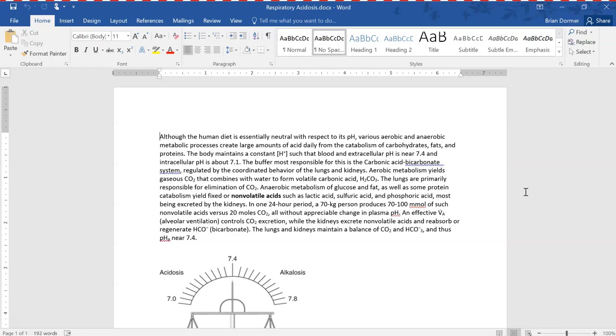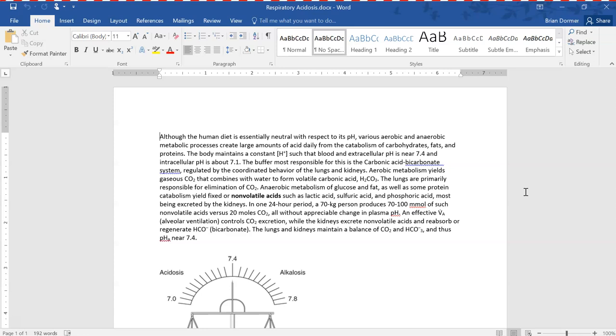In a 24-hour period, a 70-kilogram person produces between 70 and 100 millimoles of such non-volatile acids versus 20 moles of CO2, which is resulting in volatile carbonic acid, all without appreciable change in plasma pH.